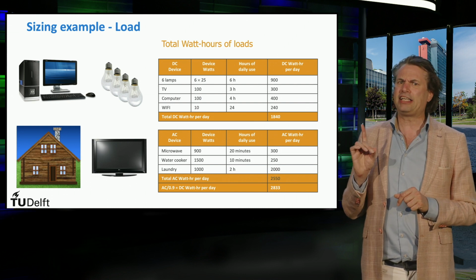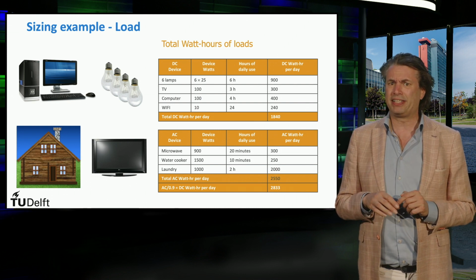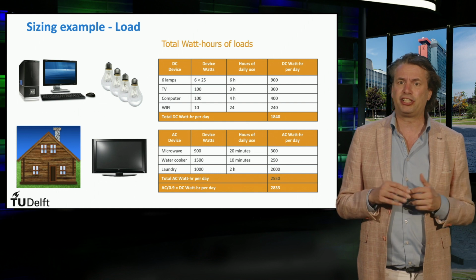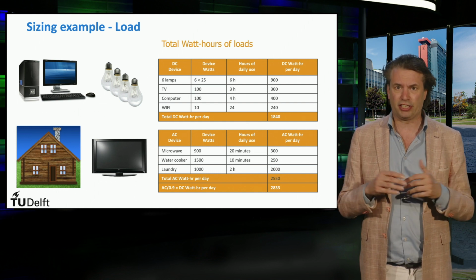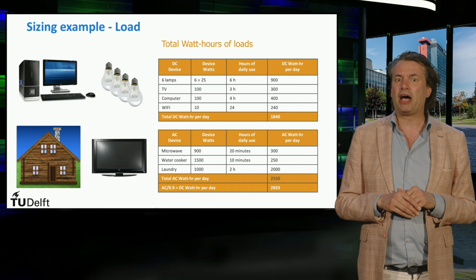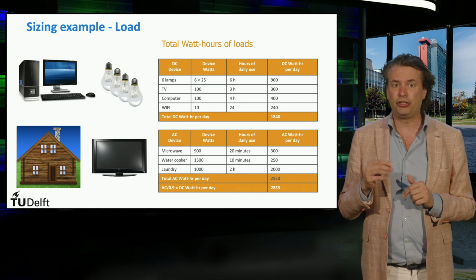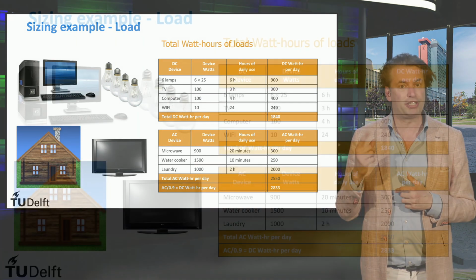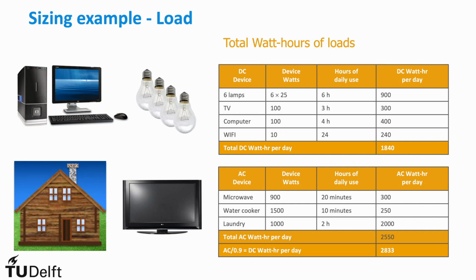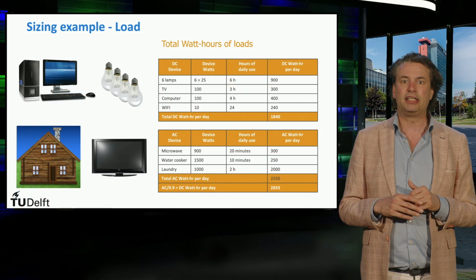In the case of AC load, there is an additional step necessary to convert the AC energy to its equivalent DC energy. This is done by dividing the AC energy usage by the conversion efficiency of the inverter. We need around 2550 watt-hours divided by 90%, which is 2833 watt-hours of equivalent DC electrical energy.